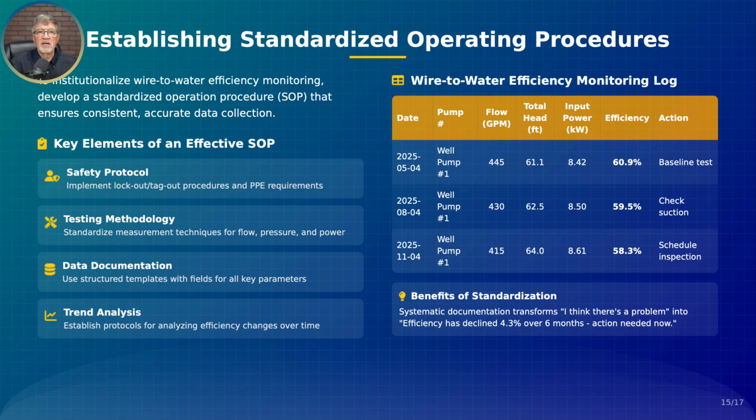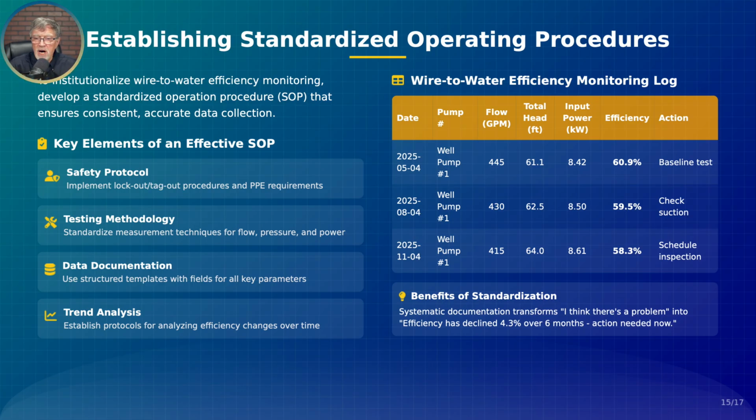The key elements of this SOP are going to include your safety protocol, your testing methodology, your data documentation, and your trend analysis. So you're going to want to keep this data in a form where you can analyze the trends. Once again, the most benefit from the data is derived from looking at the trends of this data.